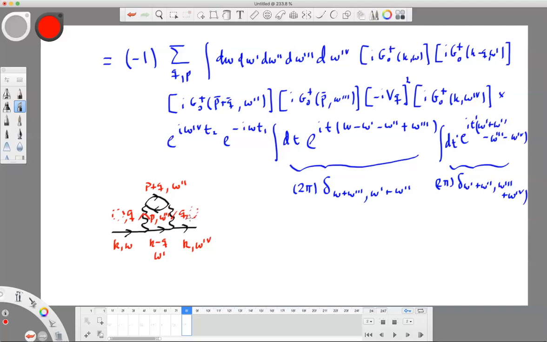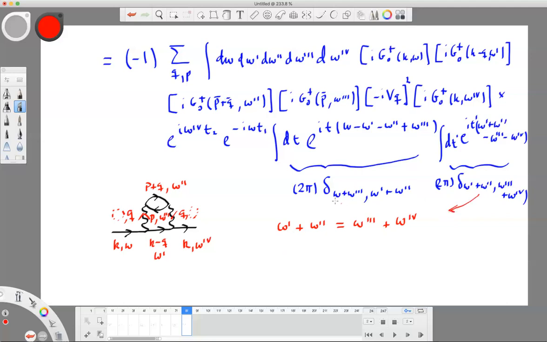So let's see the two frequency conditions. The first one is omega prime plus omega double prime is equal to omega triple prime plus omega 4. This is this condition here.